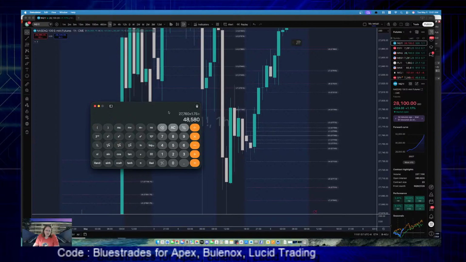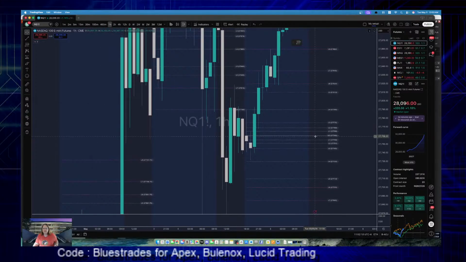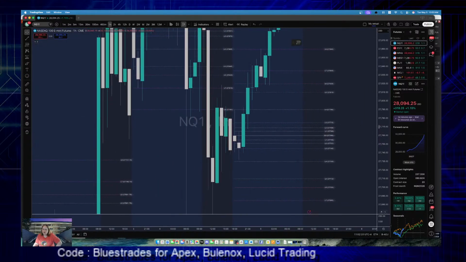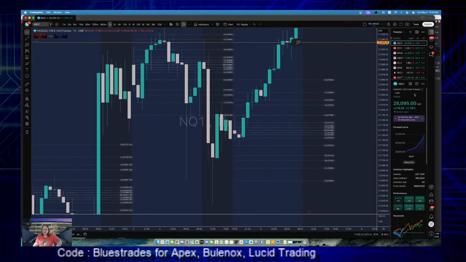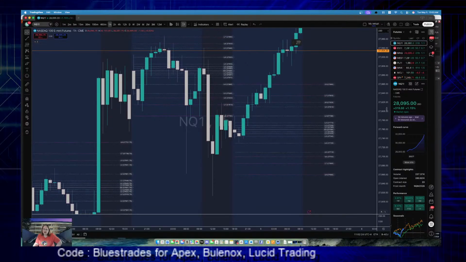Wait a minute, that's not right. That's not right at all. 27,760 times 1.75%, 485. So 485 points of movement there on NQ is what you should see today, and we're already plus 319.